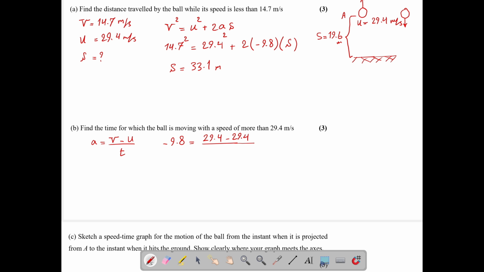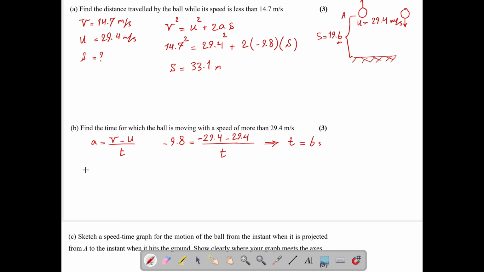It means that our final velocity is minus 29.4 because we change the direction. So it will be minus 29.4 minus 29.4 divided by time. So from here you can find t equals 6 seconds.